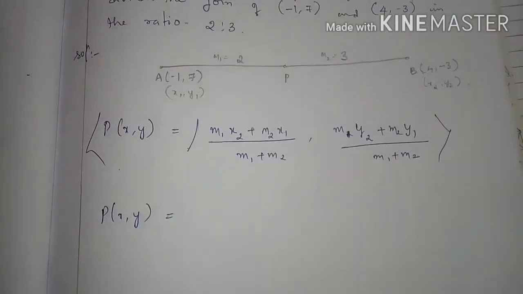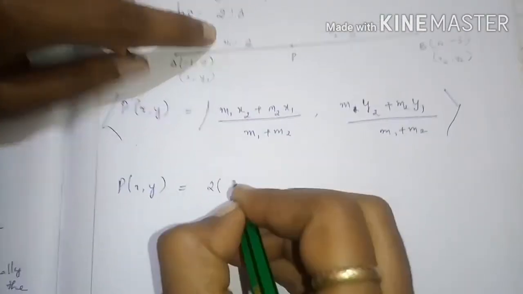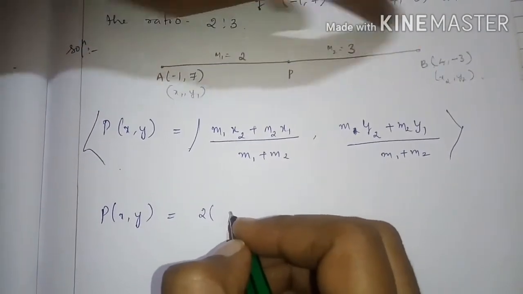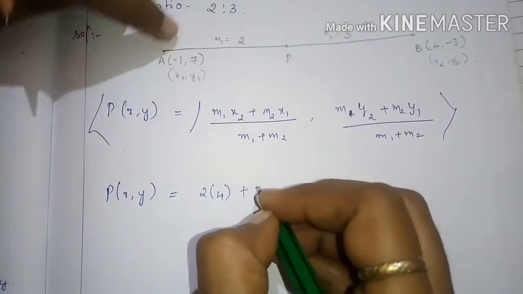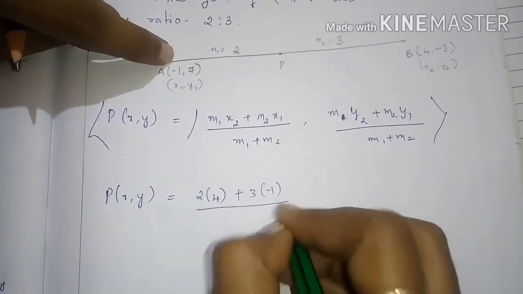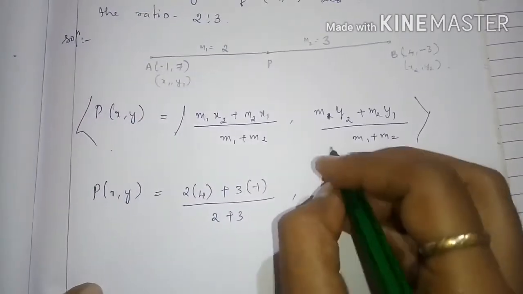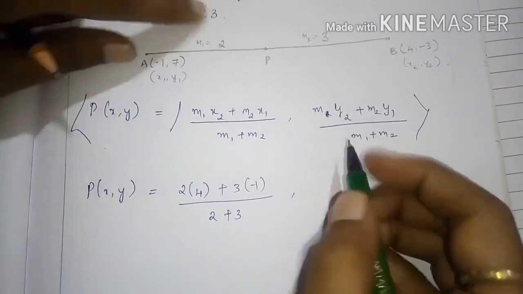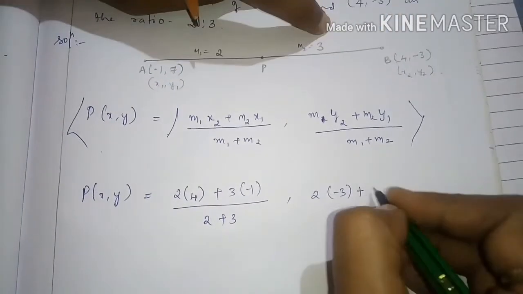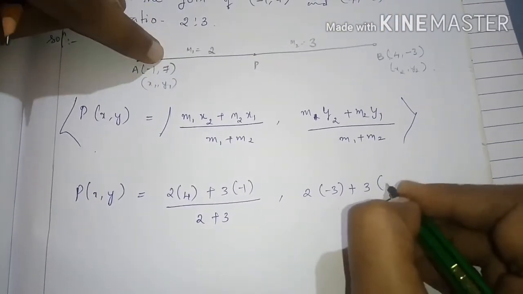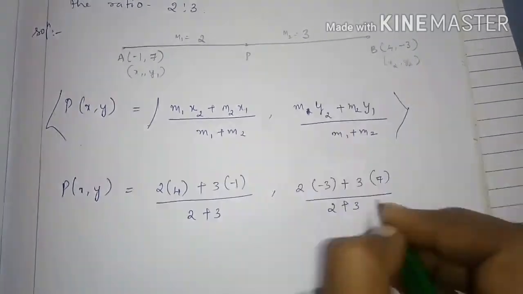Now apply: m1 is 2 into x2 which is 4, plus m2 which is 3 into x1 which is -1, divided by m1 plus m2, that is 2 plus 3, comma, m1 is 2 into y2 which is -3 plus m2 which is 3 into y1 which is 7, divided by 2 plus 3.